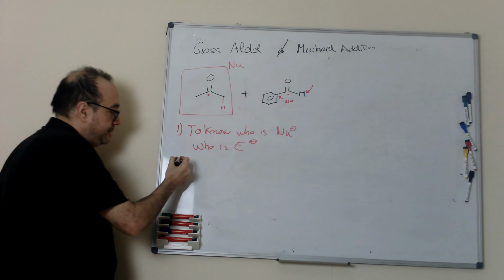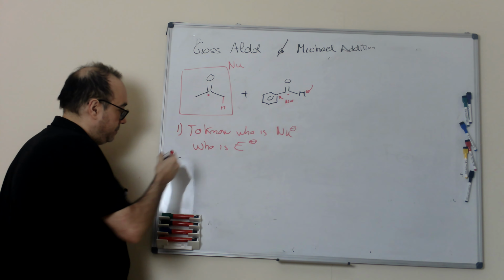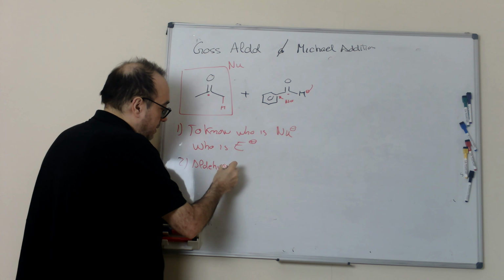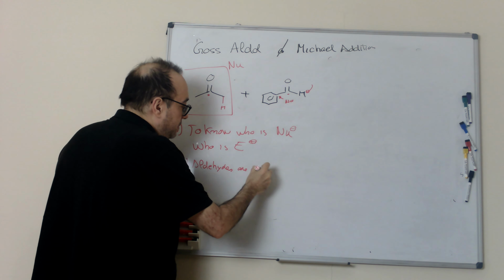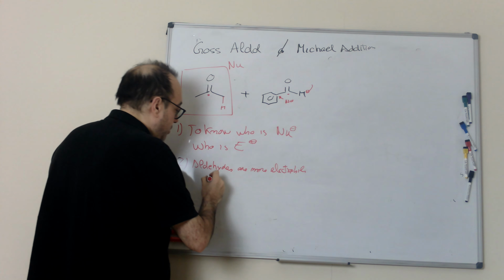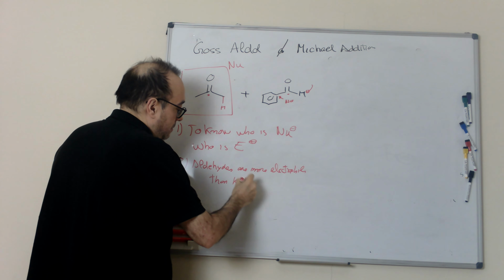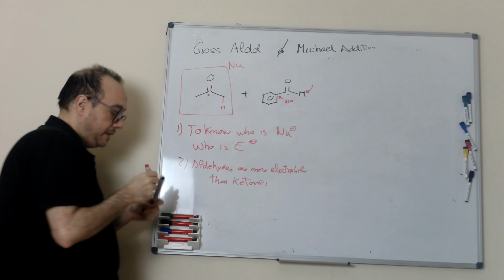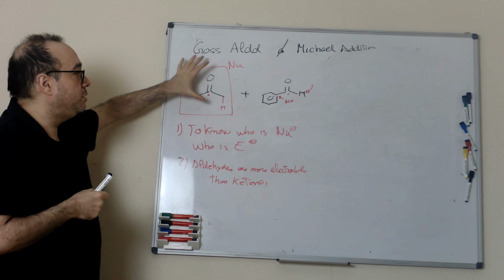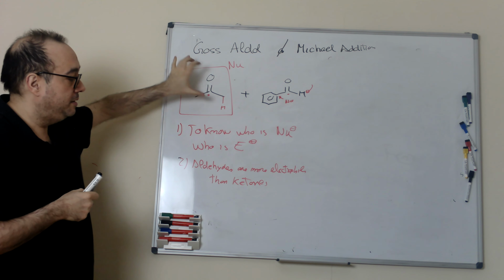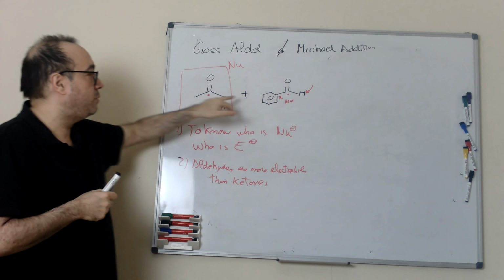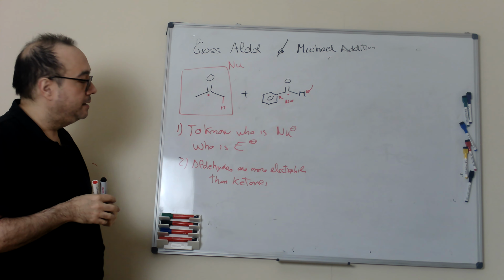Okay, aldehydes are more electrophilic than ketones. And this is the key. We can only form the nucleophile with this ketone, and we know that between these two compounds, this will be more electrophilic than the ketone.